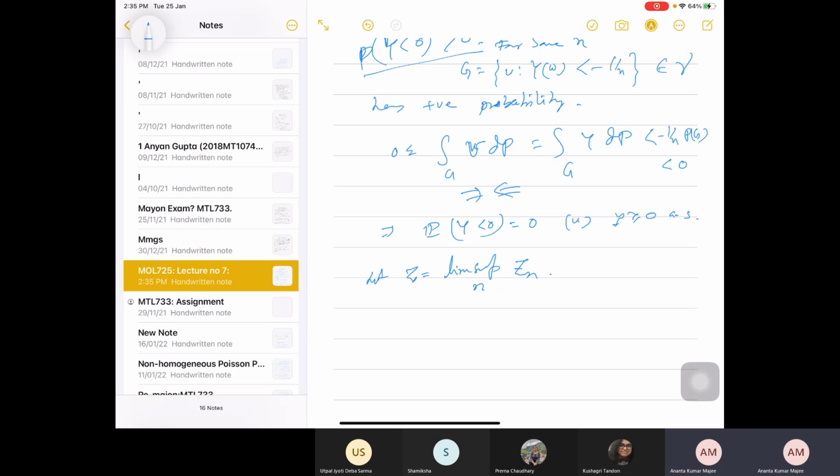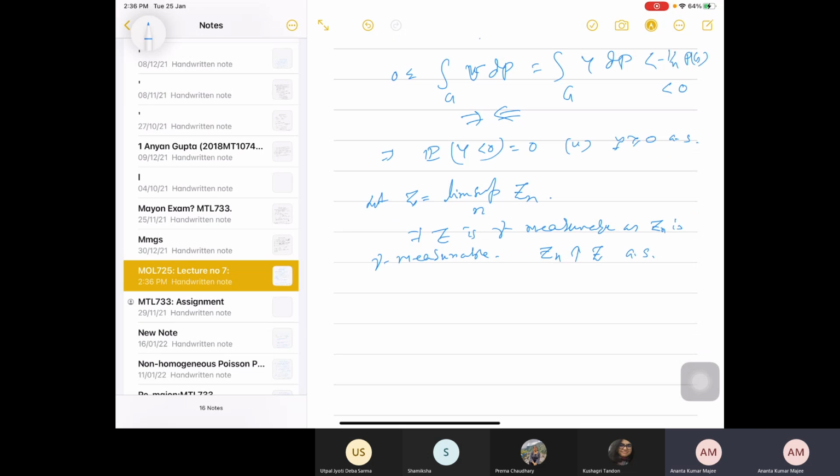Since each Zn is nu measurable, the lim sup is nu measurable, hence Z is nu measurable, as Zn is nu measurable. And what I know is that Zn increases to Z almost surely.